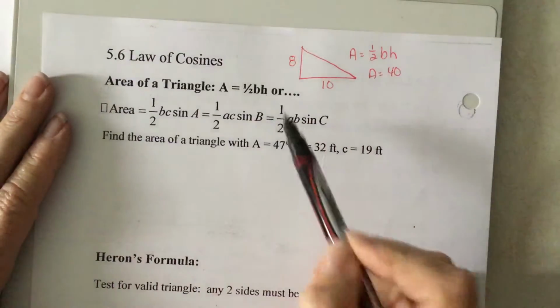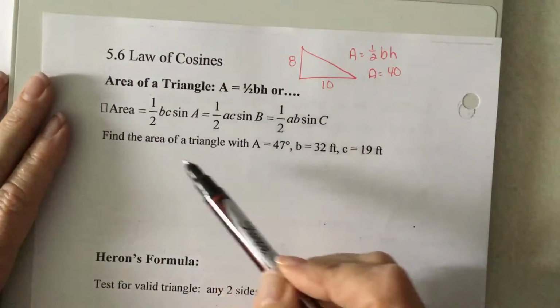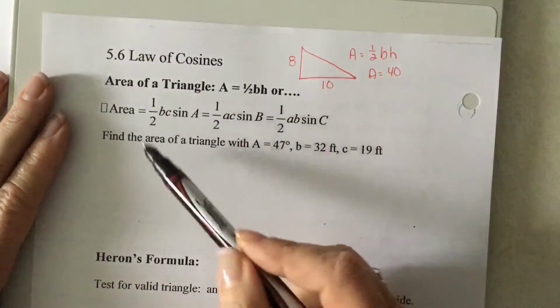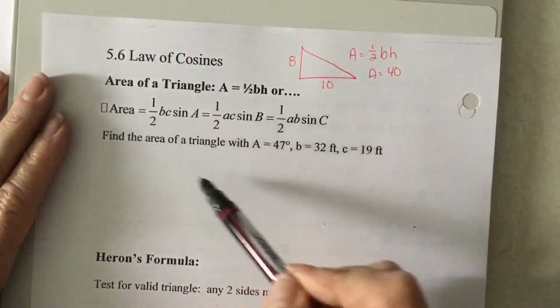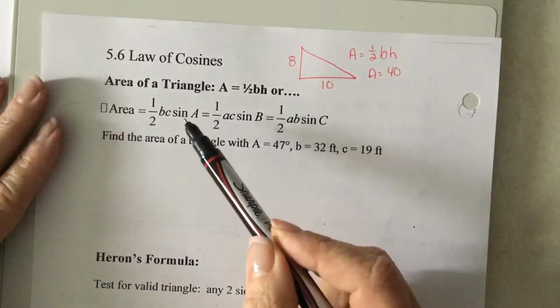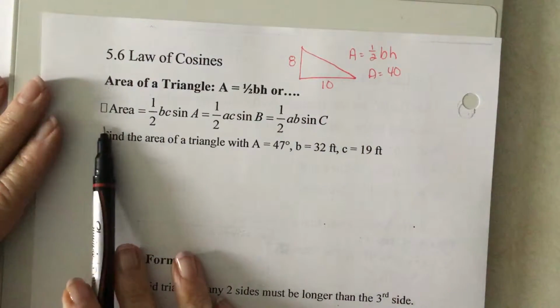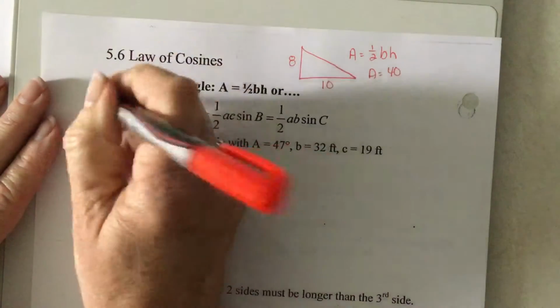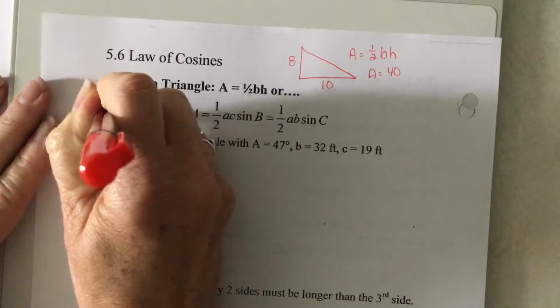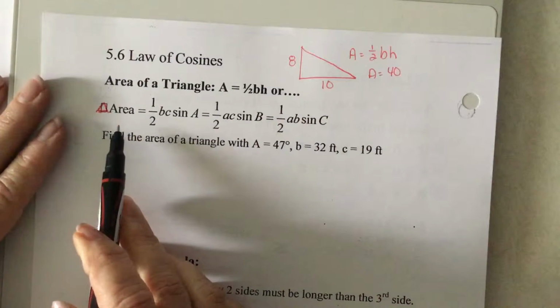But when we have a triangle that is not a right triangle, so to speak, or the height is not given, what the heck do we do? Well, have no fear. We have a triangle that we're going to find the area of.